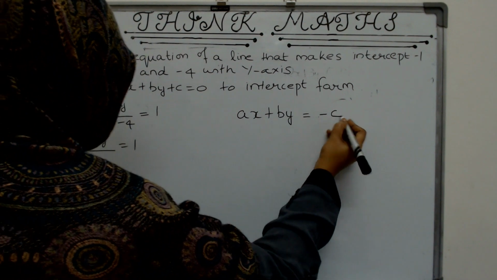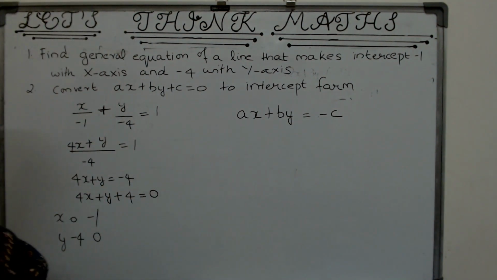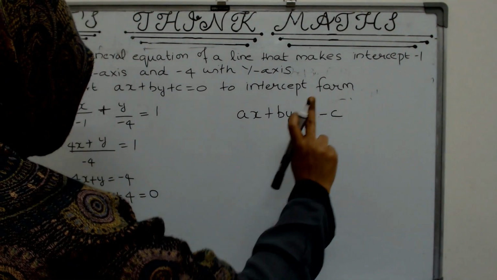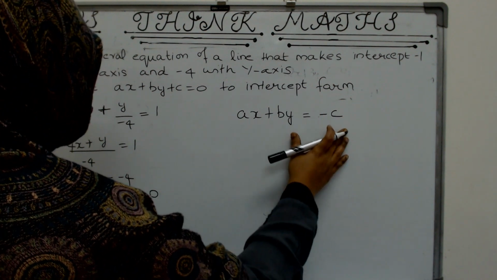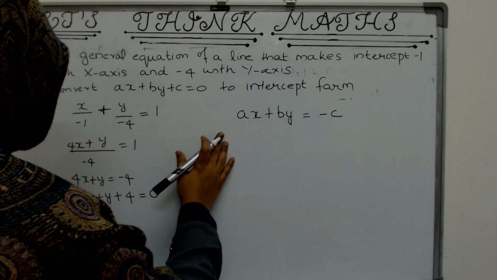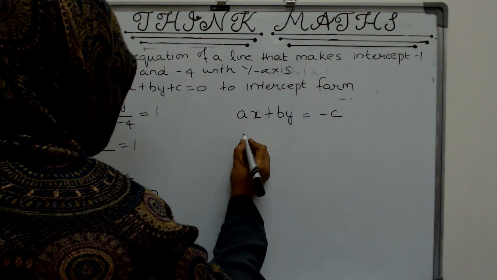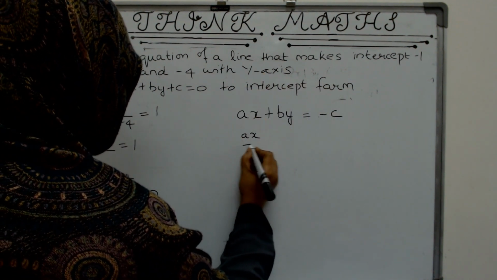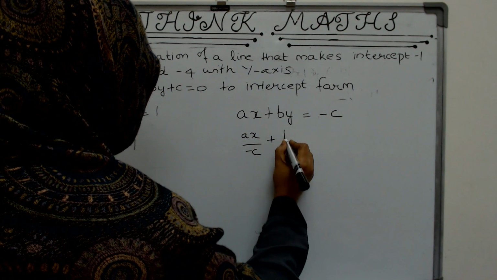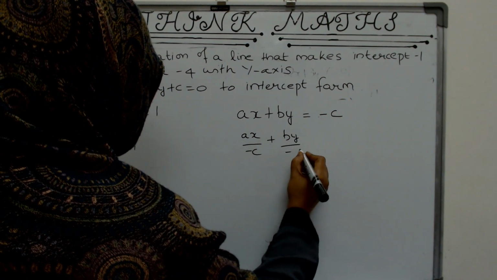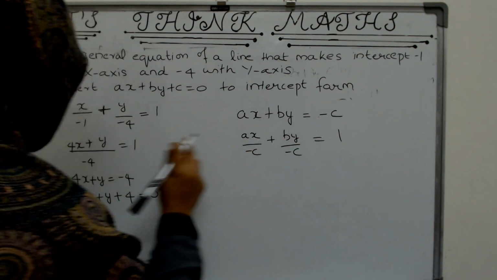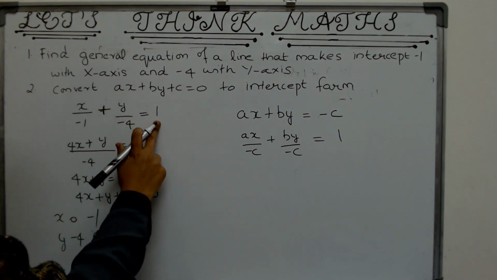So move the constant to the other side. Second, what do you do? Make the constant into 1. How do you do that? Divide throughout the LHS and the RHS with minus c. That you will get ax by minus c plus by by minus c is equal to 1. So there, in the intercept form, you have got the 1 here.